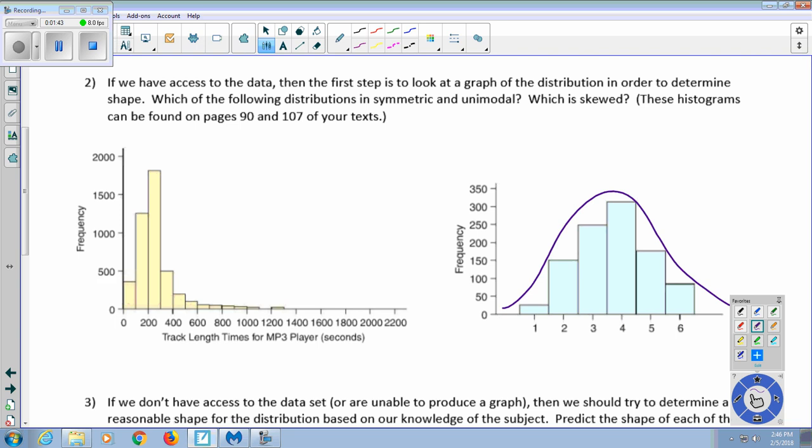So this one's symmetric and unimodal. It only has one mode. This one here you can see is skewed, and it is skewed to the right. There's a long tail to the right.